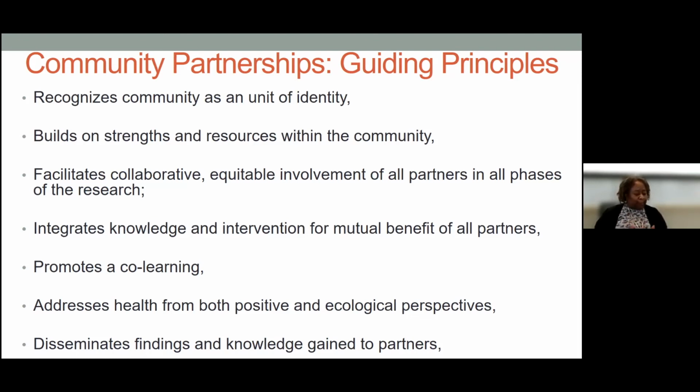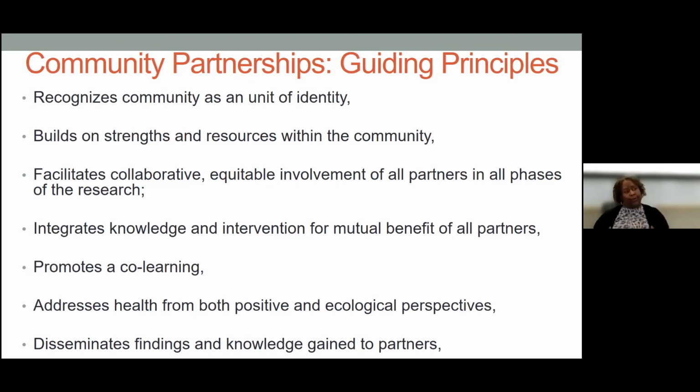The transparency part is letting them know from the beginning what is going on around budgets, timeline, any changes in strategies. They should know as soon as you know, and definitely before people who are not partners know anything about any shifts, changes, or any major announcements about the work.